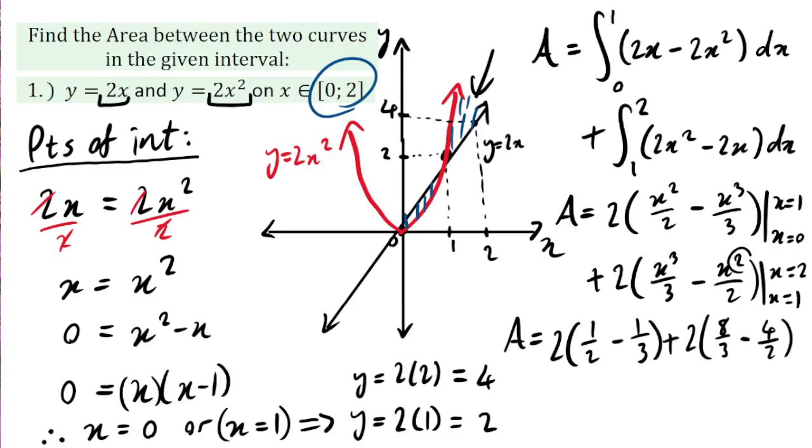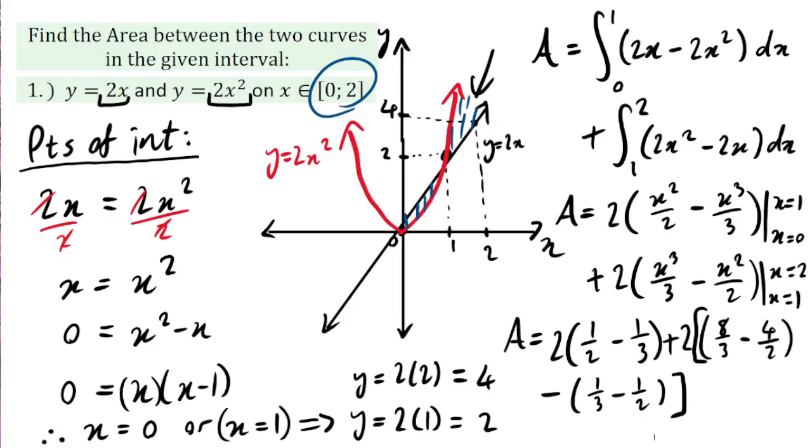Note how I'm just already squaring them. And I'll put a bracket here because it looks better. And this will be minus, when we plug in 1, 1 over 3 minus 1 over 2. And then we close the bracket.